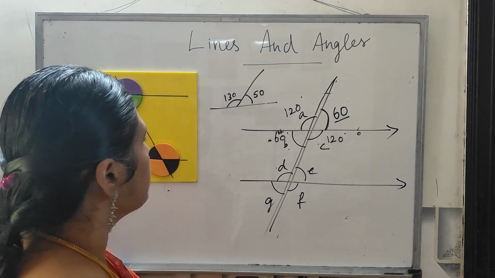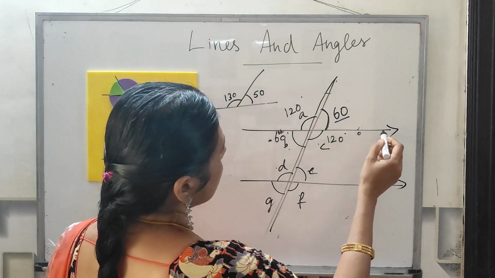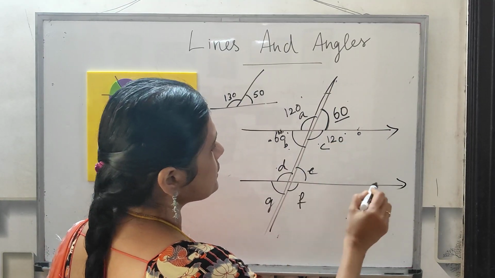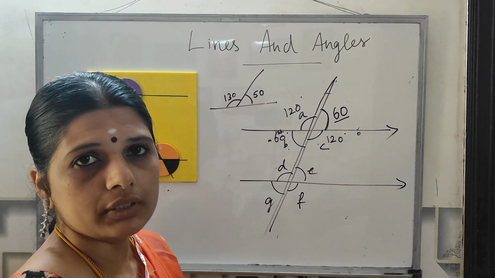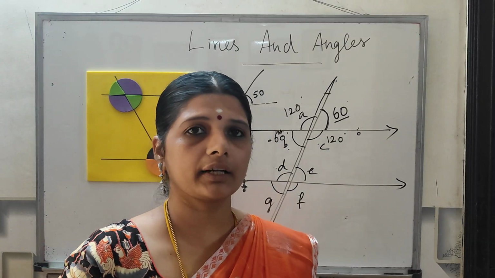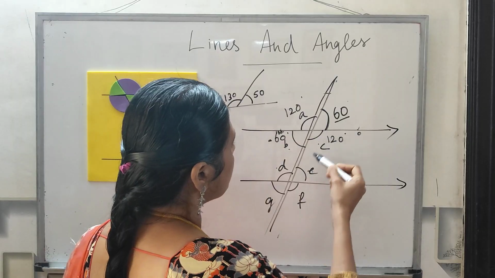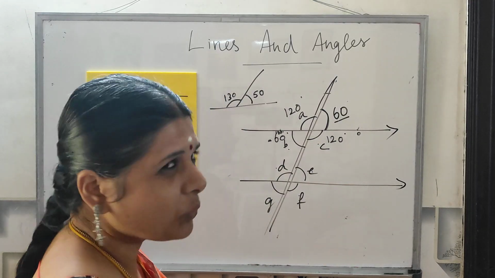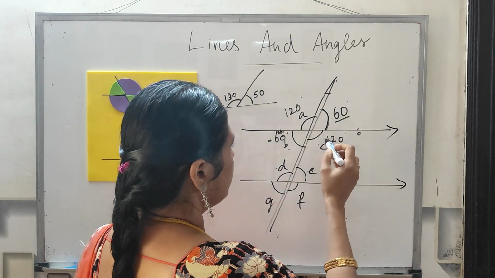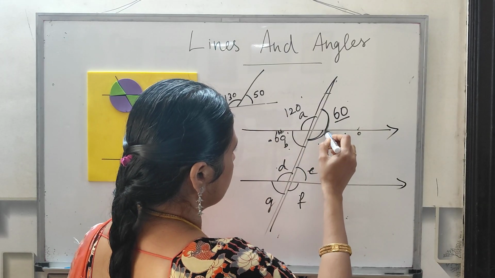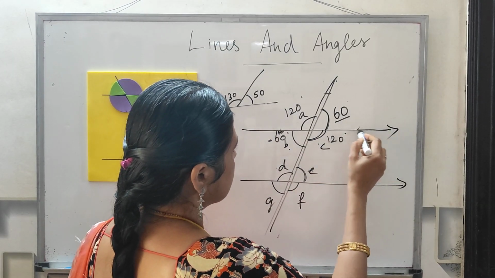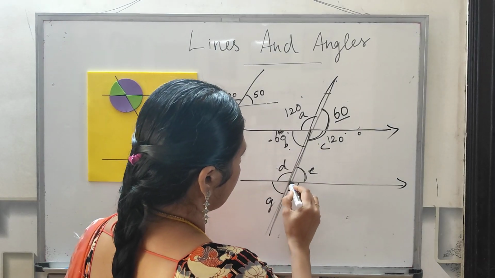And one more property: co-interior angles are supplementary. Supplementary means 180 degree. The other name of supplementary is 180 degree. The co-interior angles are 180 degree, guys. What is co-interior? Co-interior means the inner angles. You can see that F here.